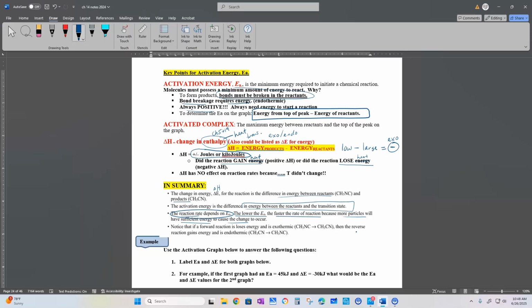Notice if the forward reaction loses energy, which is exo, which is the reaction that we had, it lost energy, exo. If you flip the reaction, then the reverse will gain, and it's called endothermic.